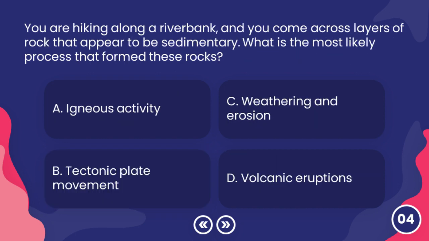Question number 4. You are hiking along a river bank and you come across layers of rocks that appear to be sedimentary. What is the most likely process that formed these rocks? A. Igneous activity. B. Tectonic plate movement. C. Weathering and erosion.